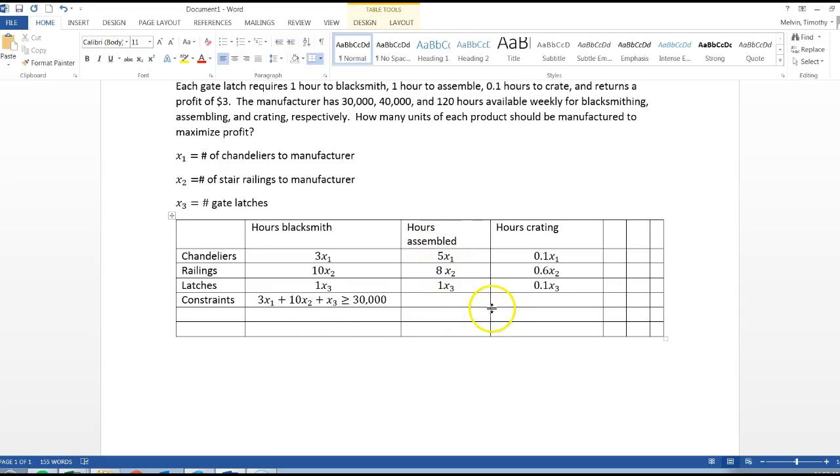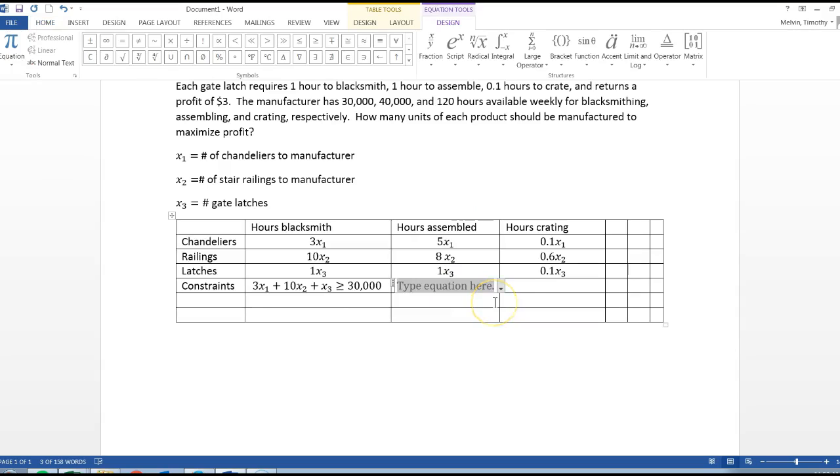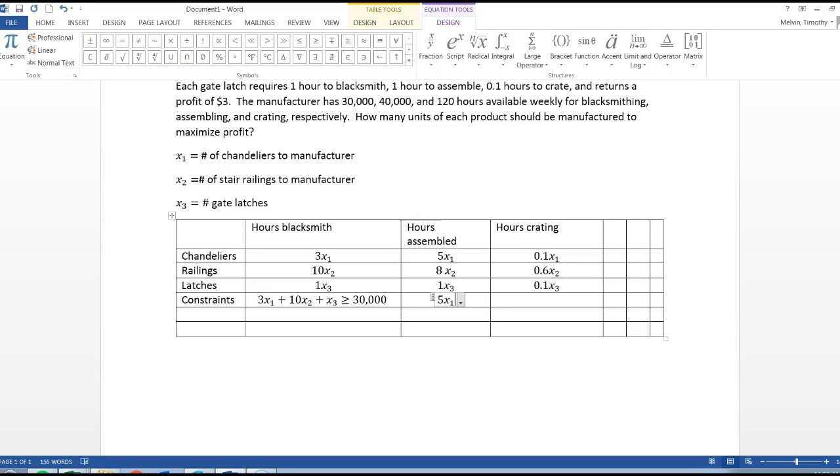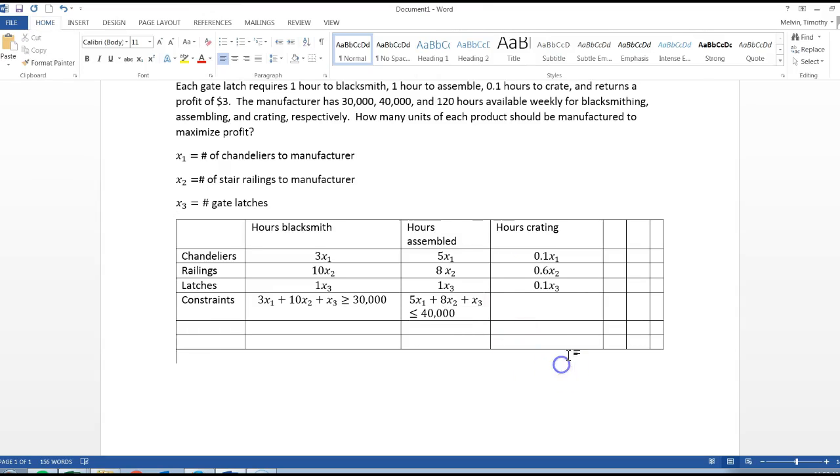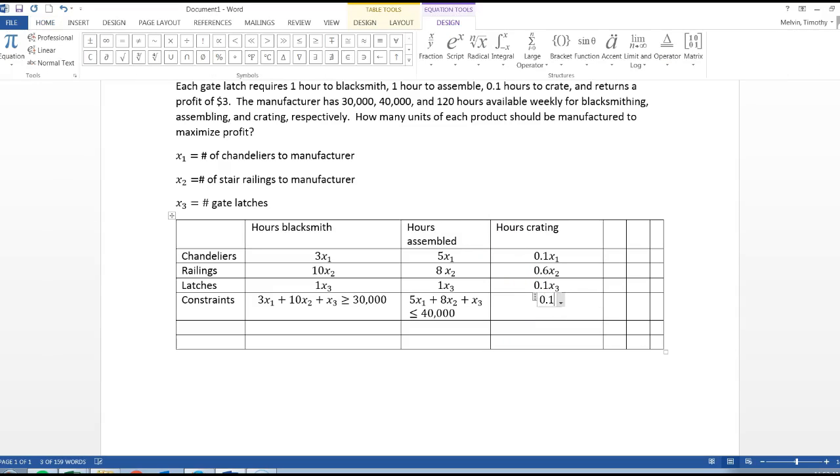Now I need to add up all the hours to assemble: 5x1 plus 8x2 plus x3. That needs to be less than or equal to 40,000. And then lastly, hours creating: 0.1x1 plus 0.6x2 plus 0.1x3.